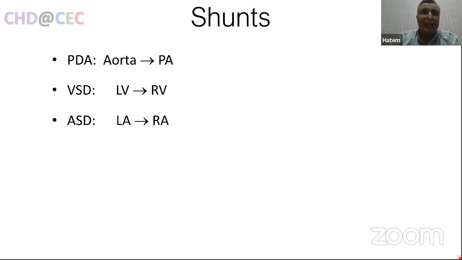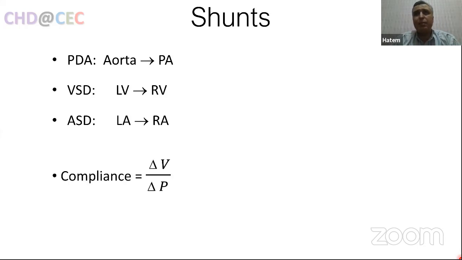And so blood going to the left ventricle is more difficult than blood going from right atrium to the right ventricle. And this is the concept of compliance. So compliance is the volume that the chamber can adapt without changing pressure.